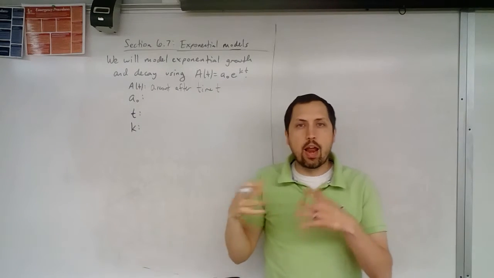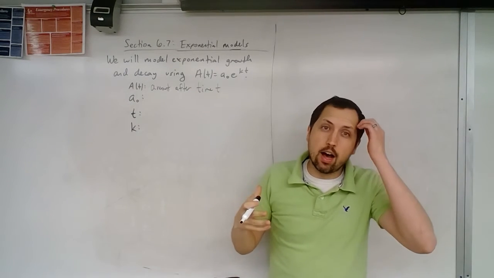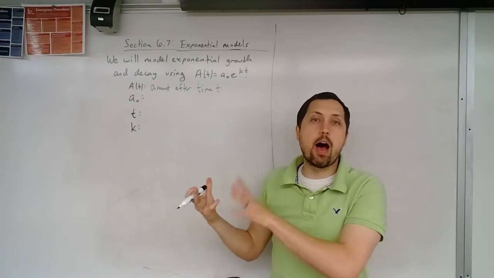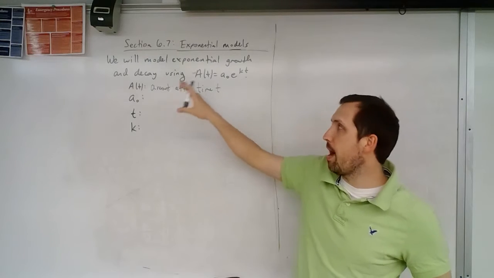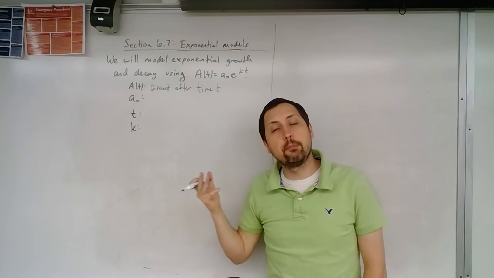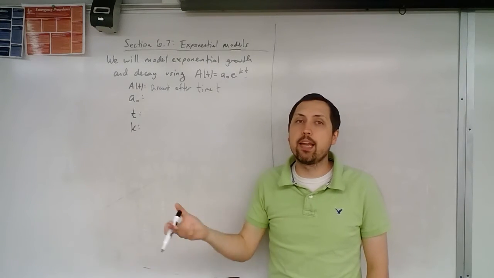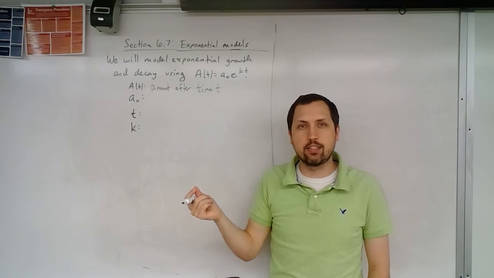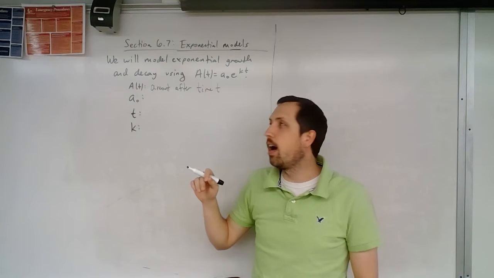Whatever the amount is, maybe it'll be some type of chemical product, maybe some type of population. It'll be the amount. Time t is going to be dependent on the situation. It could be in minutes, hours, or days. As long as t is clear from the context, we're going to be using that as our time.